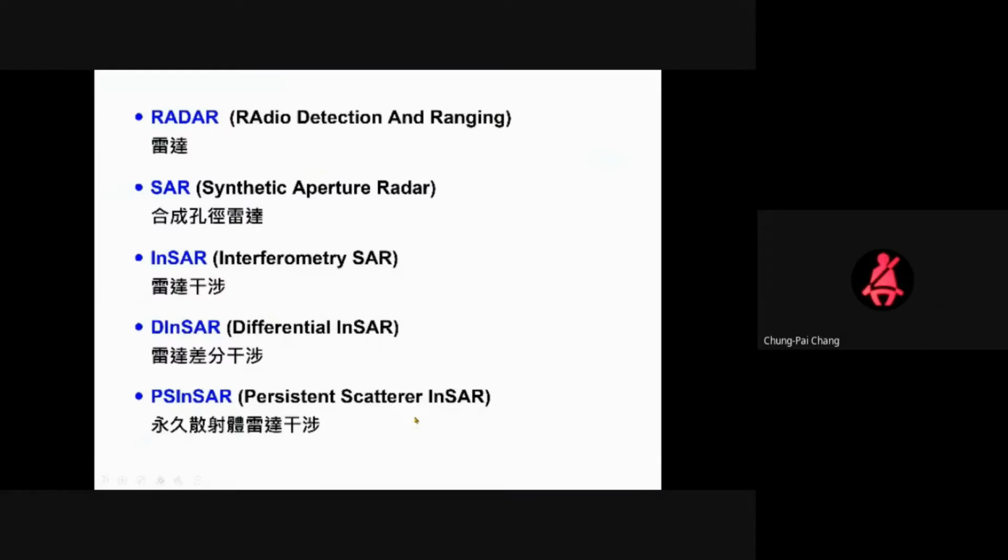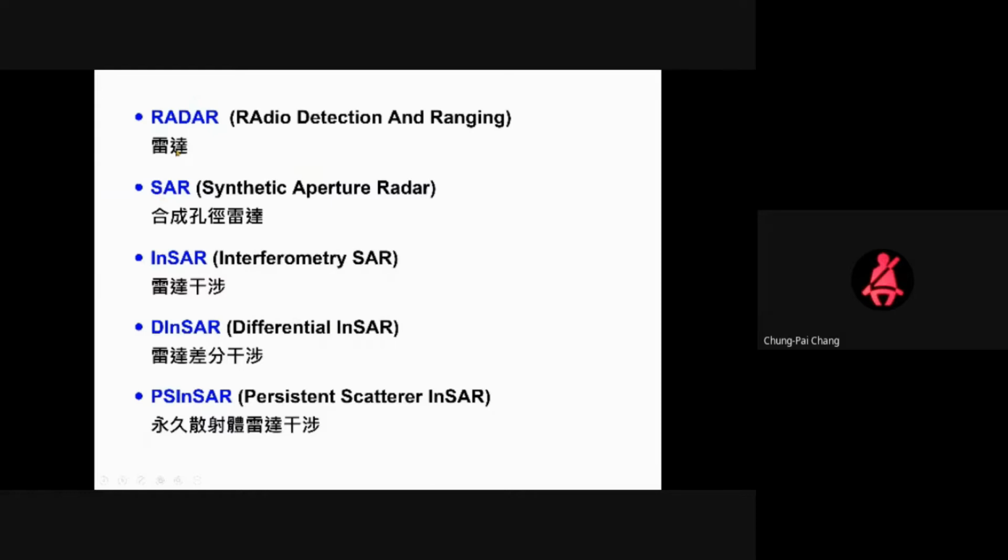Today I will talk about radar SAR applications, and the topics in today's lecture range from the traditional radar to the synthetic aperture radar. Radar, of course, stands for radio detection and ranging. Later, we will talk about the principle.